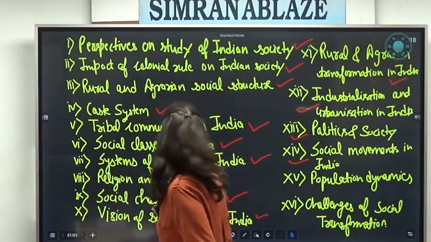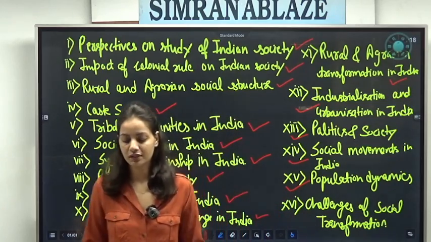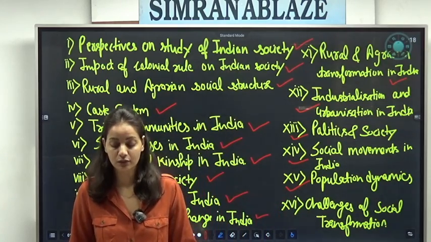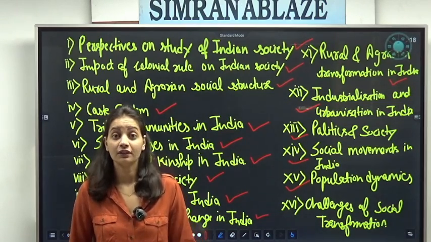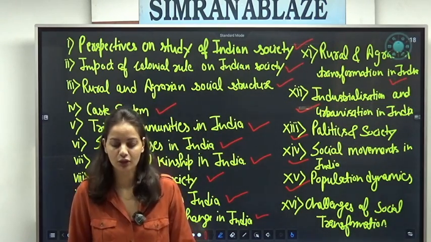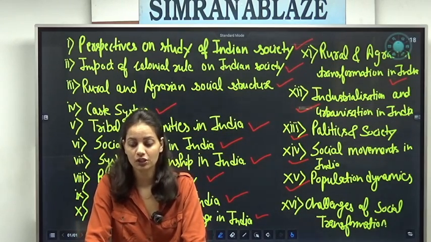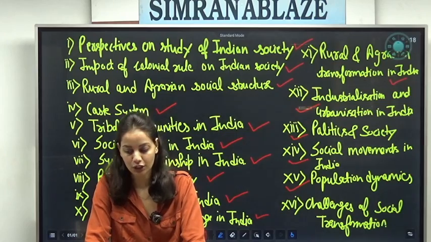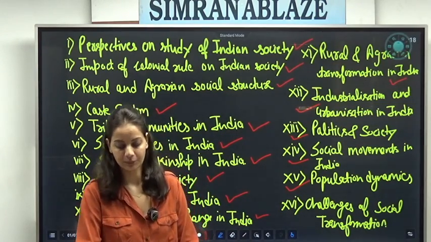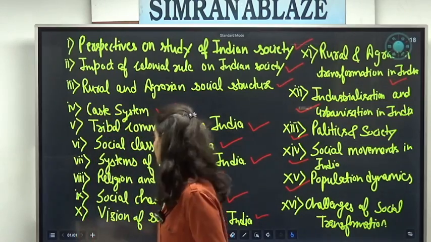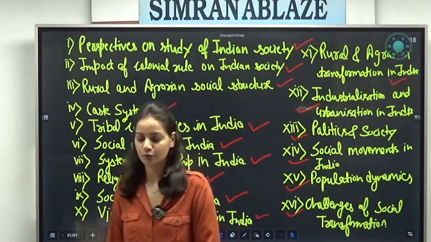Our second last topic is population dynamics, where we study about population size, growth, composition, distribution, and what are the different family planning and population policies of our government. We also study about emerging issues such as aging, sex ratio, child and infant mortality, and reproductive health. Our last topic consists of challenges of social transformation.